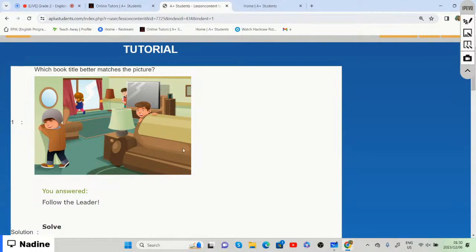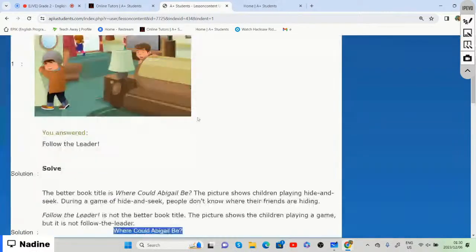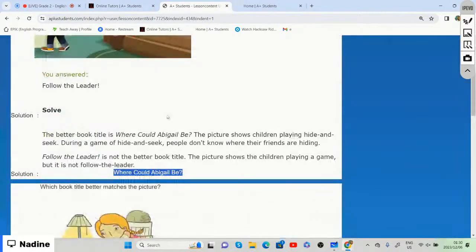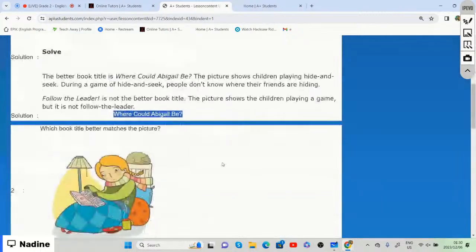So, Where Is Anna? Or we can say it is like playing hide and seek, because the one is hiding, or let's say a few are hiding, and the one is seeking or looking.